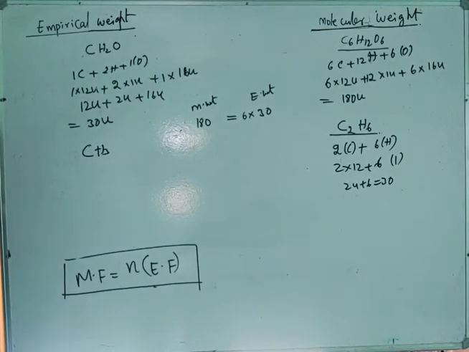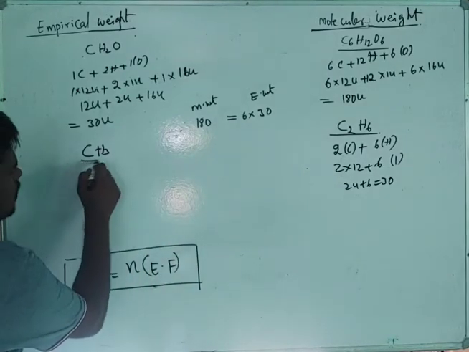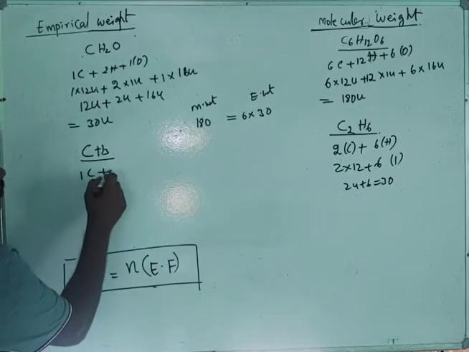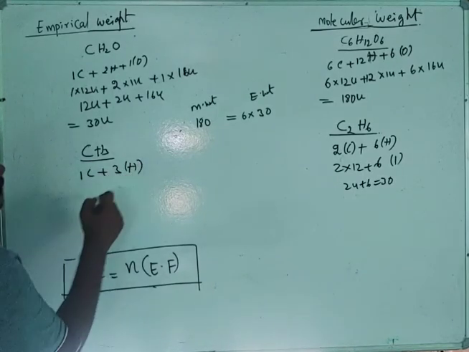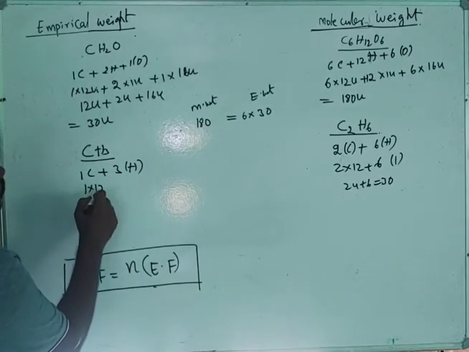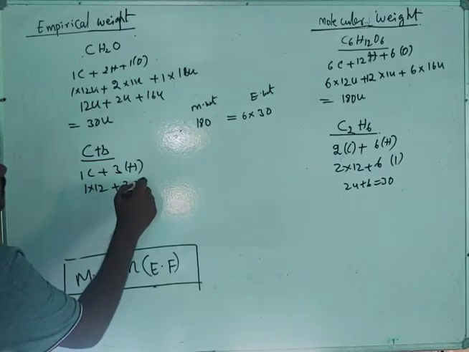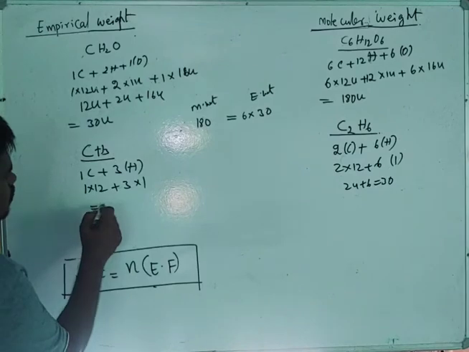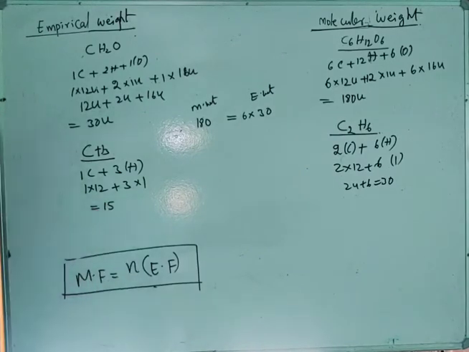Now here, what about the empirical formula weight? 1 carbon plus 3 hydrogens are there here. So carbon atomic weight is 12 and hydrogen atomic weight is 1, which is equal to 15.